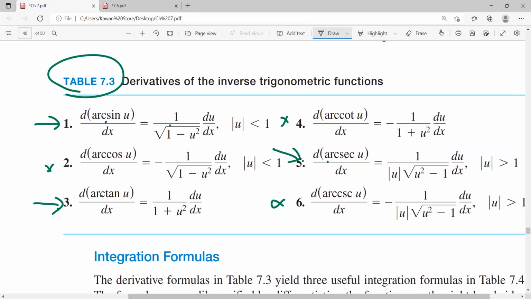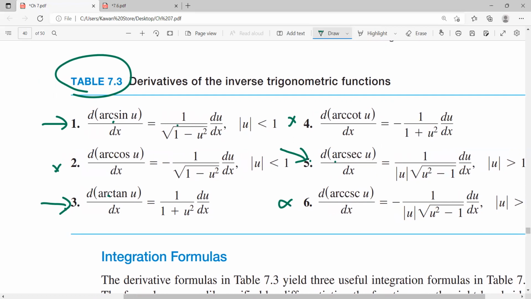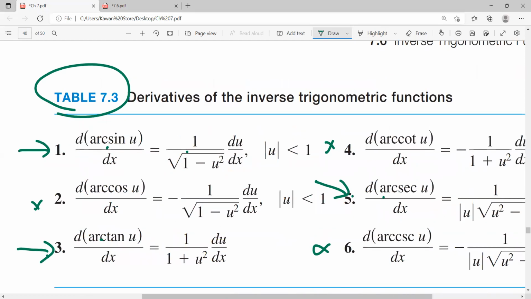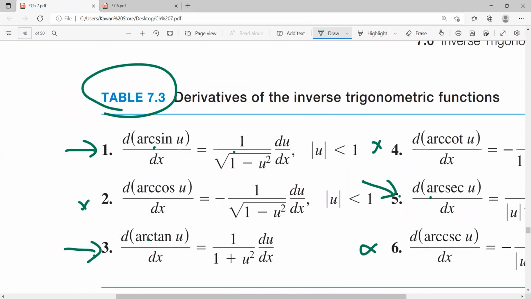Why do I use the first, why do I neglect the second?